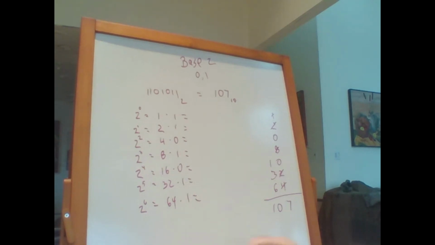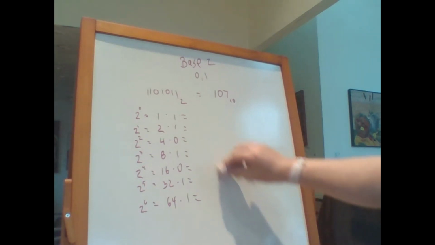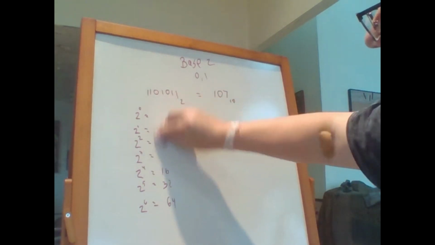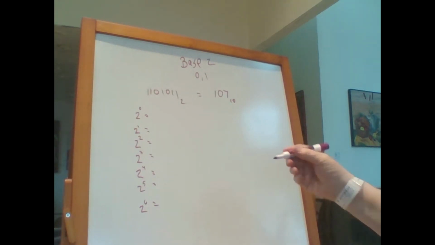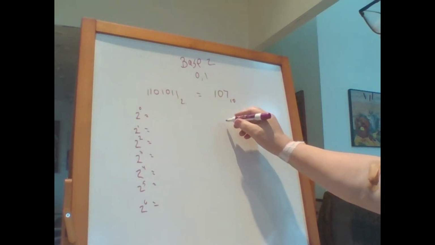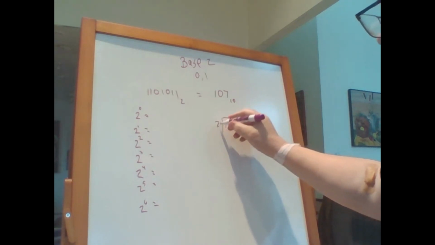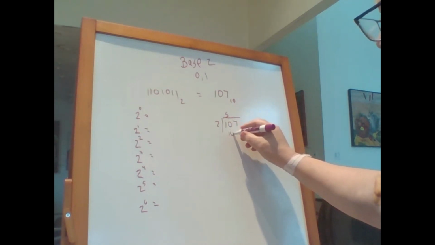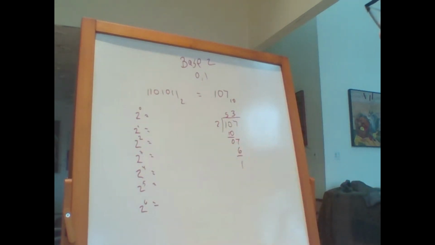And what we can do to convert back is divide 107 by 2 and keep getting the remainders. So 107 divided by 2, that's 5, 10, 0, 7, that's 3, 6, 1.